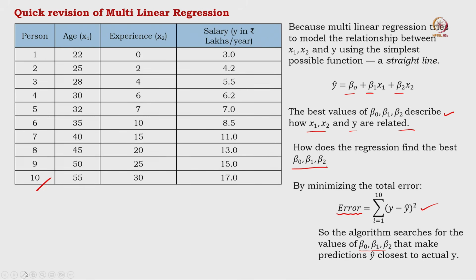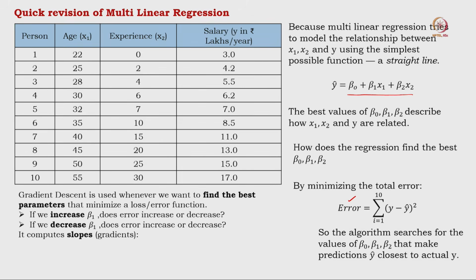How does regression get them? Initially, random values are assigned. When you calculate y predict, or y hat, and substitute the values, the error will be very large. Then you update beta naught, beta 1, beta 2.